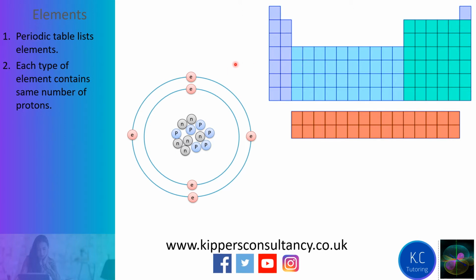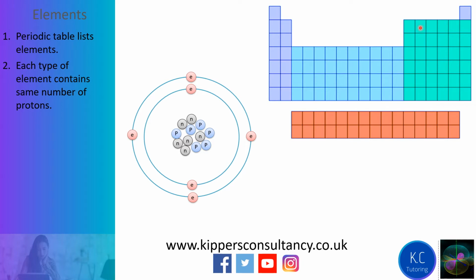For example, let's take a look at this atom. This atom is of carbon 12. Carbon is the 6th element in the periodic table. If we read along the periodic table, this is the 1st, 2nd, 3rd, 4th, 5th, 6th.